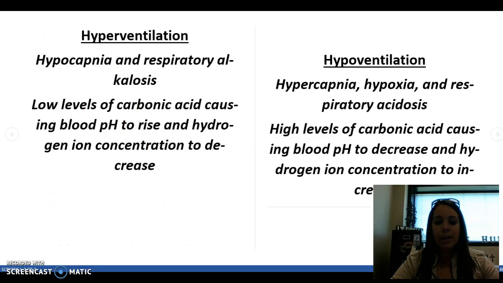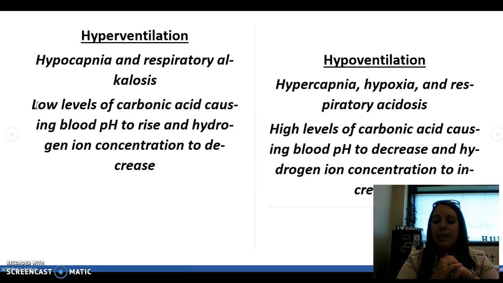So I have created this little chart for you here, and I'm going to post this to your Blackboard, but you can see here in hyperventilation, we do have hypocapnia and respiratory alkalosis, which is giving us here low levels of carbonic acid, which is causing blood pH to rise, hydrogen ion concentration to decrease or go down.